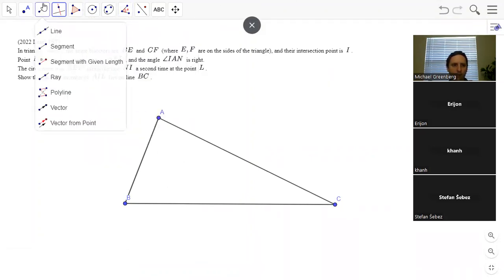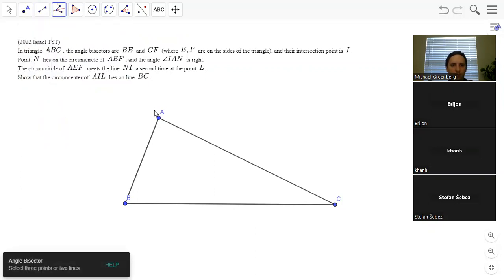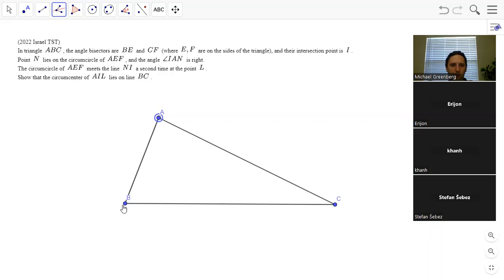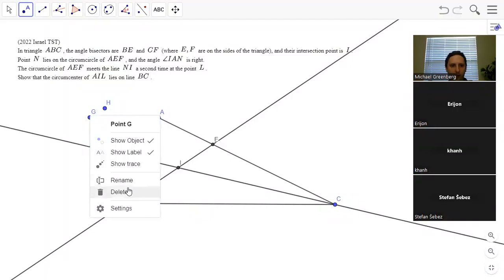Well, I'll just draw the angle bisectors, because we need to know where they meet, BE and CF. Okay, it's EF. And this is I. Okay, and then point N.